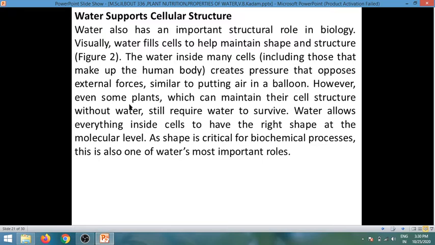However, even some plants, which can maintain their cell structure without water, still require water to survive. Water allows everything inside the cell to have the right shape at the molecular level, as shape is critical for biochemical processes. This is also one of water's most important roles.